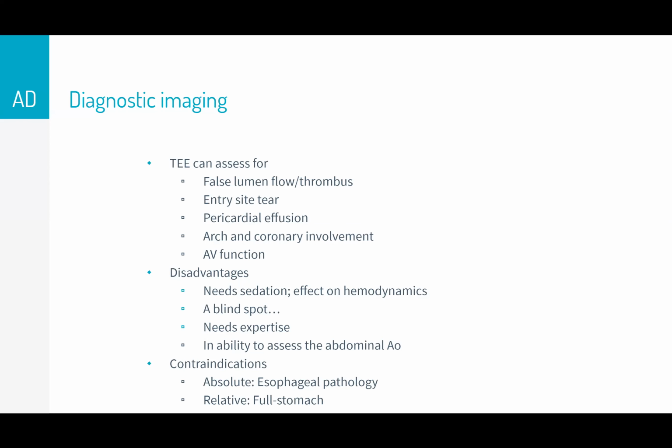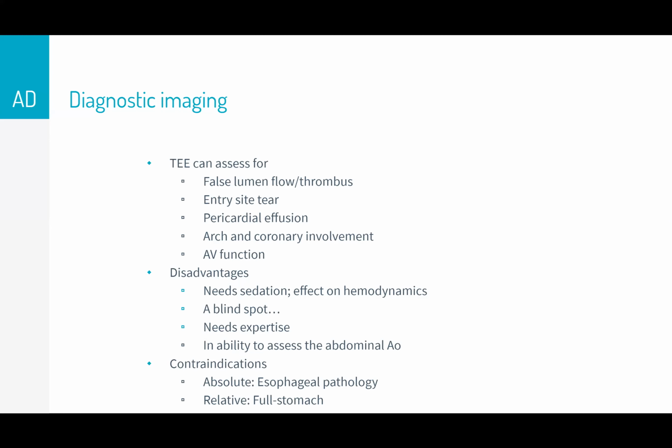Transesophageal echo can assess multiple things. It can assess the false lumen flow and the presence of thrombus, and the entry site tear. It can assess for pericardial effusion. It is good for assessment of the arch and the coronary involvement. It can also assess the aortic valve function.